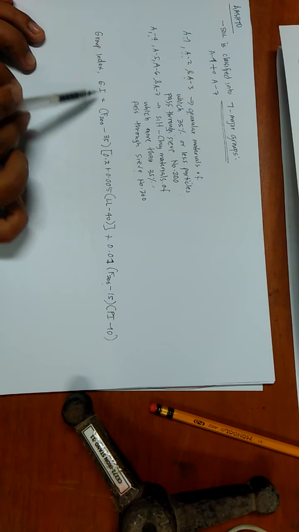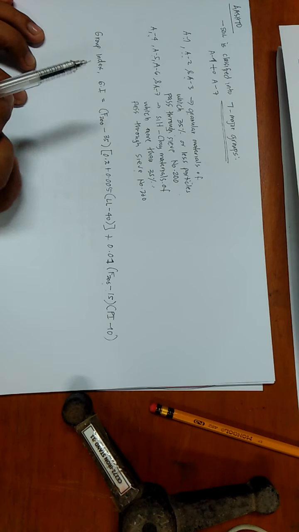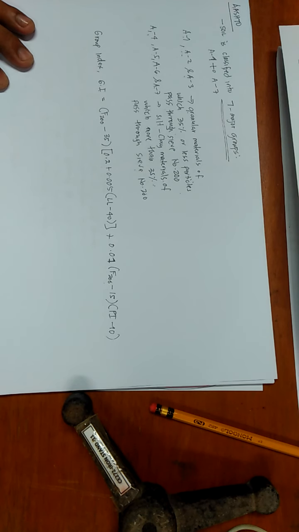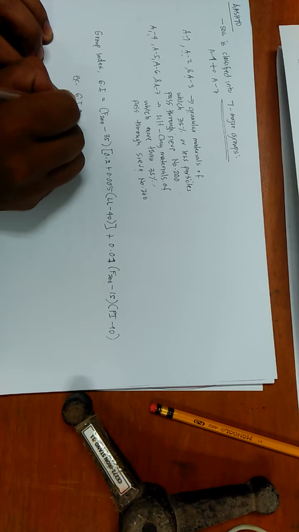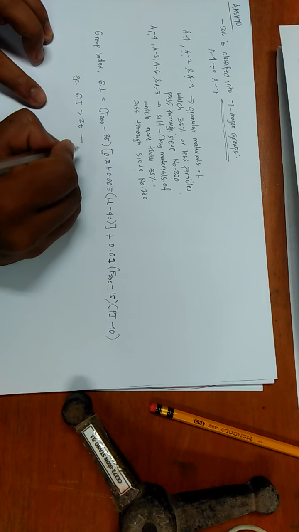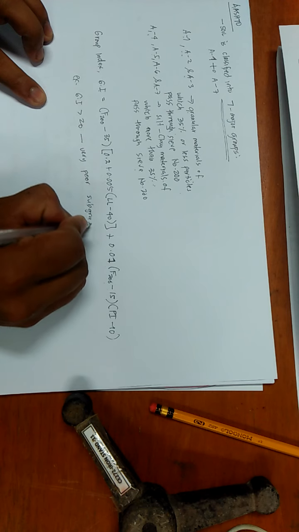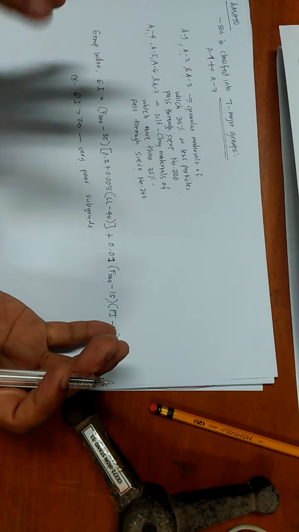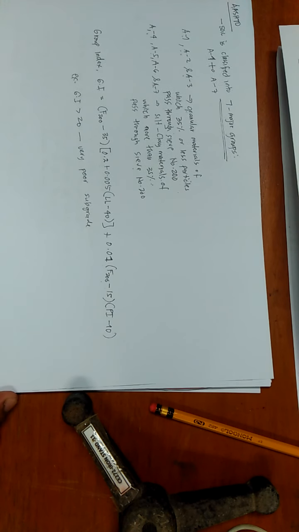Inuulit ko, the higher the value of group index, your GI, the weaker will be the soil performance as a subgrade material. So now, a group index of 20 or more indicates very poor subgrade material. So kapag, example lang, kapag ang GI mo is greater than 20, very poor subgrade siya.